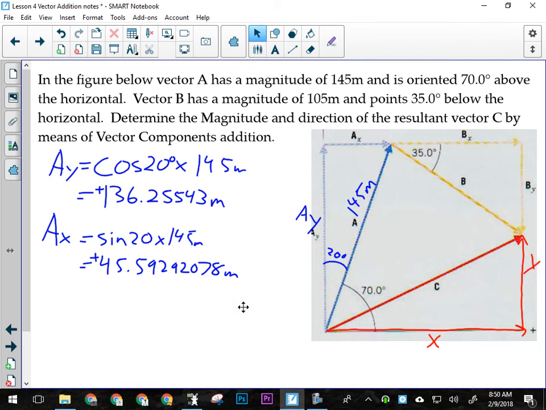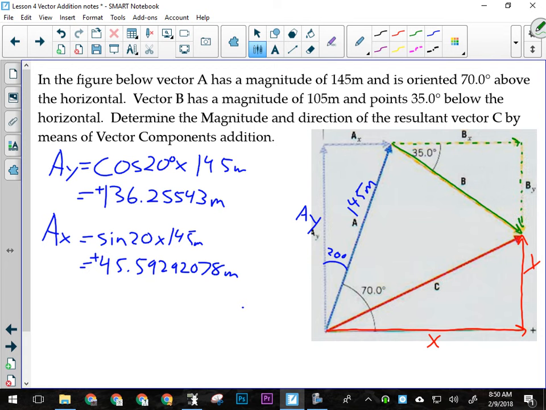So now I'm going to move on to the yellow triangle. I don't have a yellow marker, so I'm going to redraw it in green, just so that my colors all match here. All right, so if I want to find BX, is that the adjacent side or the opposite side? It's adjacent, right? It's touching the angle, it's beside the angle, so for that one, it's going to be the cos of, this time, 35 degrees times the hypotenuse, which we were told was 105 meters.